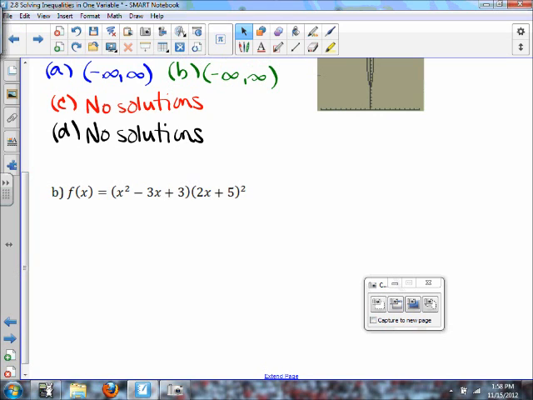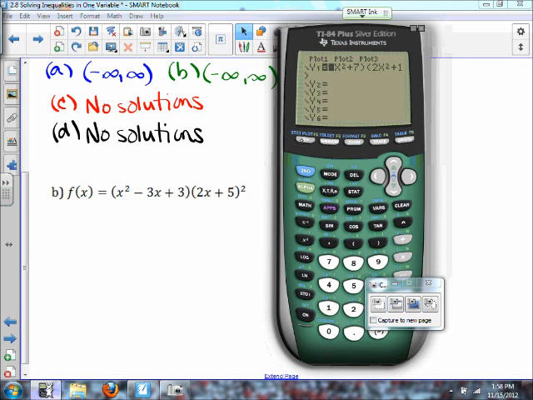Now what I'd like you to do is try example B. So stop the video and try example B. Now, in order to solve example B, we're going to put in here x squared minus 3x plus 3 times 2x plus 5 quantity squared.